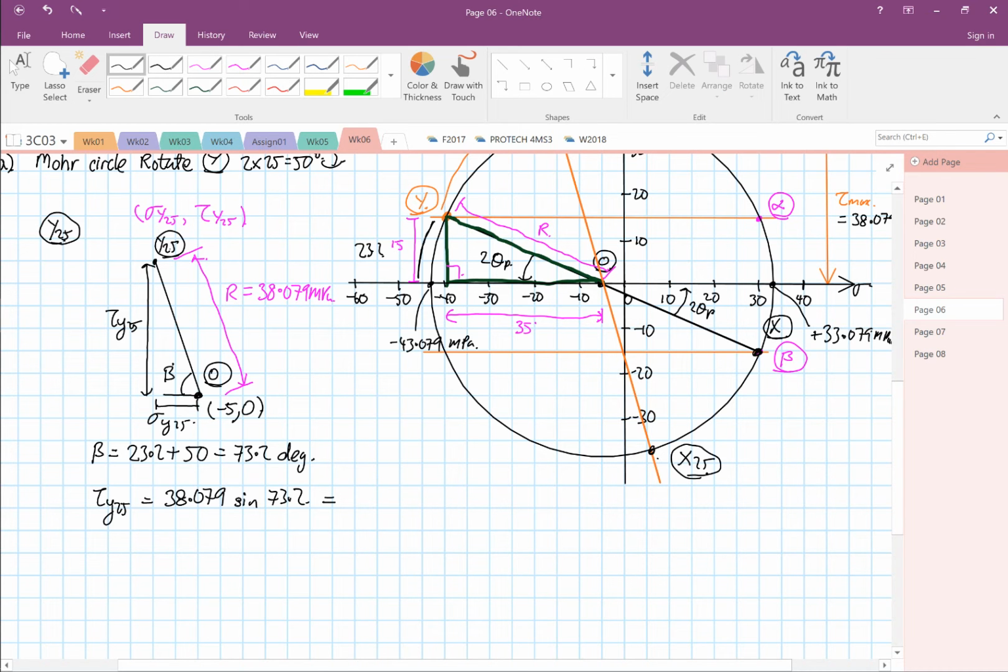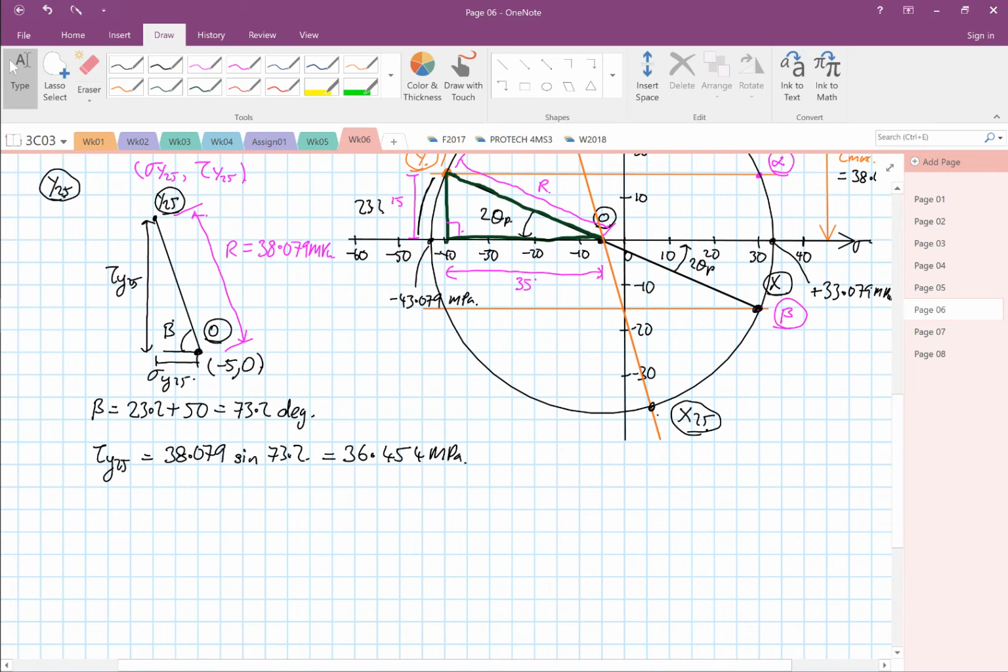So this will be equal to 38.079 times sine 73.2, which is 36.454 megapascal. So I do it again: 38.079 times sine 73.2.